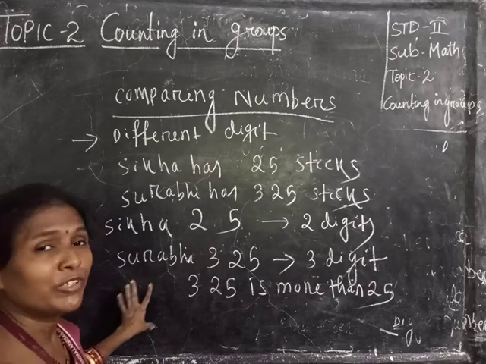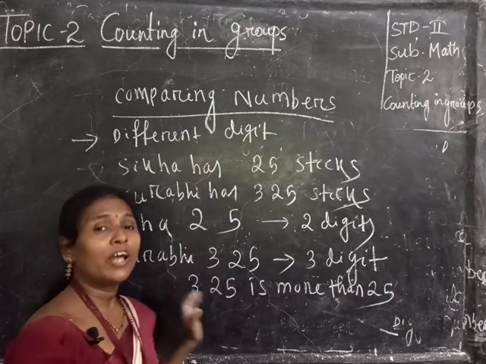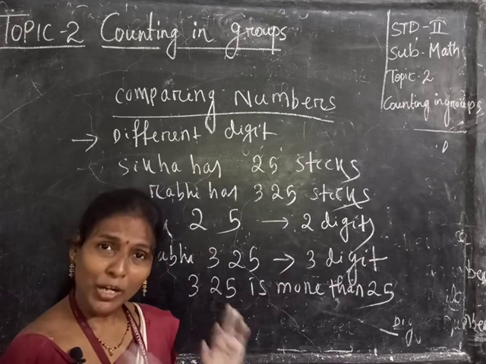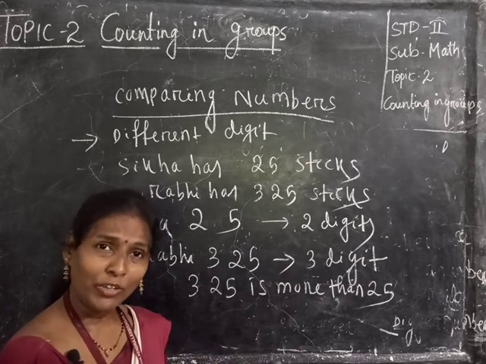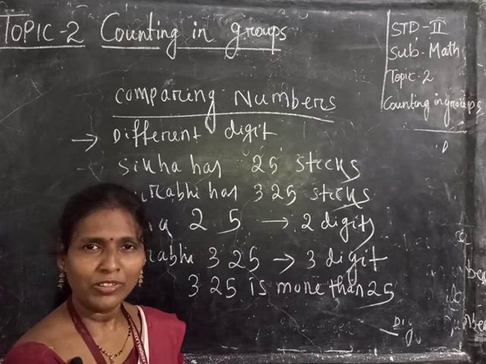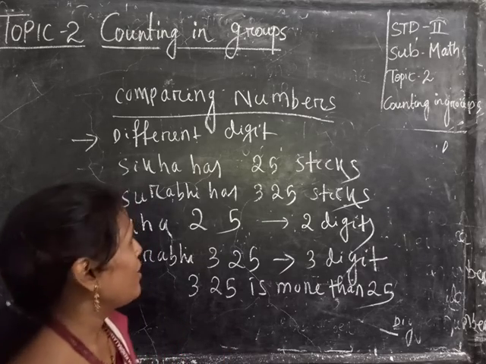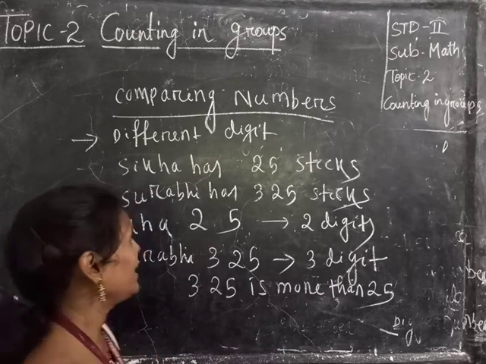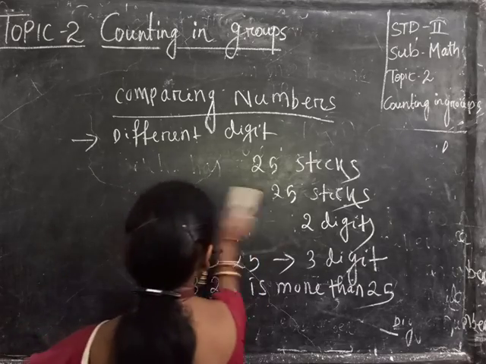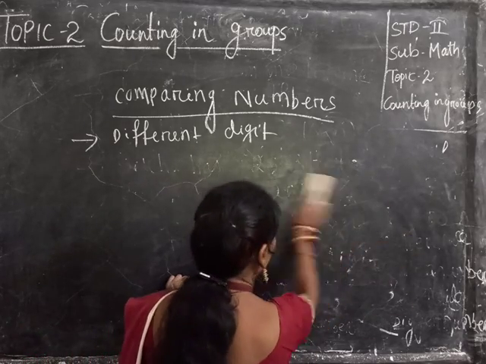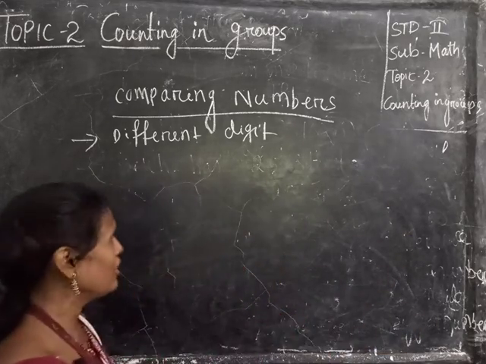So from this we got that the number having more digits is always greater, right? The number having more digits, see that point I am writing. If you want to write in your copy, you can write also, right?